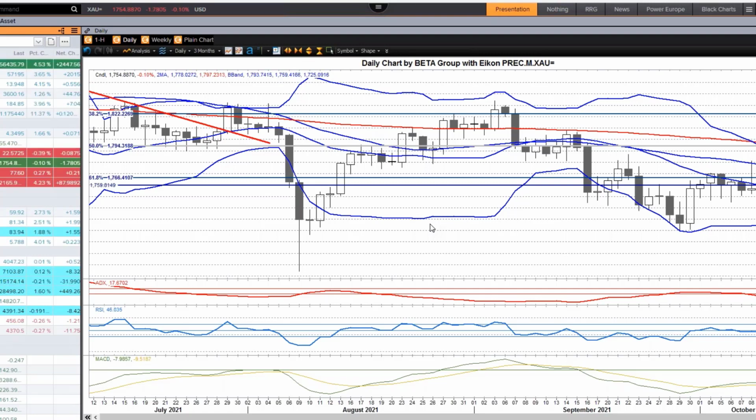Gold's value is really made up of two things. Its intrinsic value, and it does have an intrinsic value. You could argue that Bitcoin hasn't got an intrinsic value, but gold has. You can use it as an industrial metal. It's a good conductor of electricity. It's malleable. It doesn't rust. It's very important in electronics.